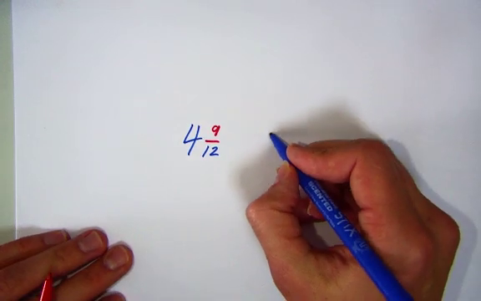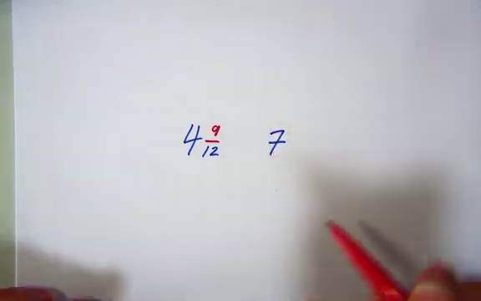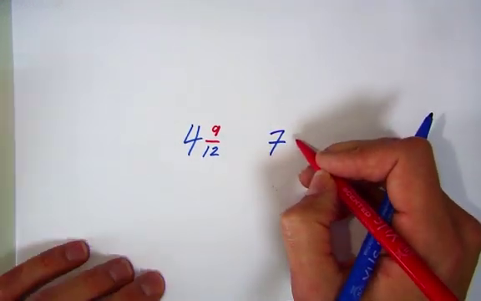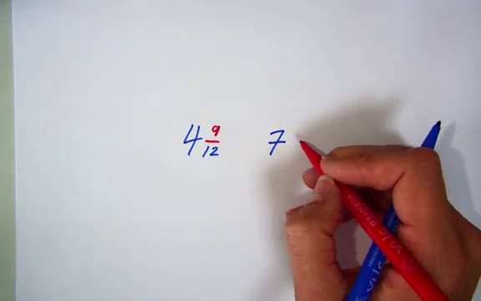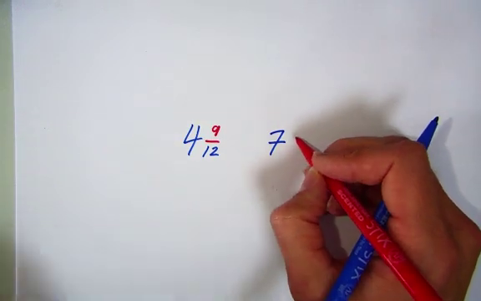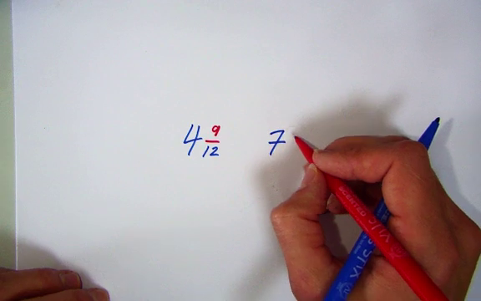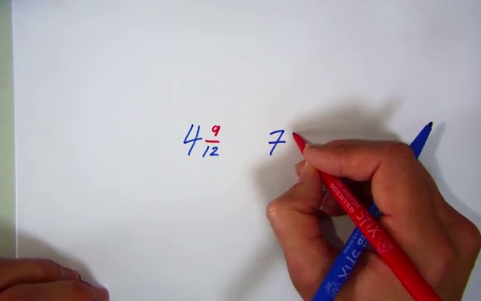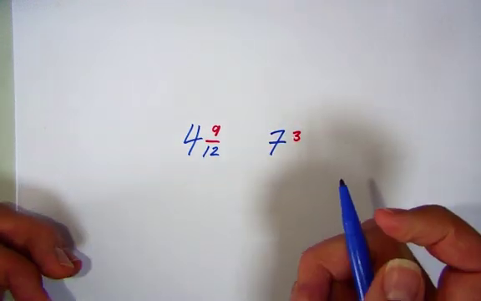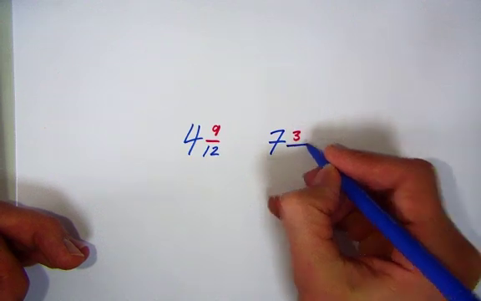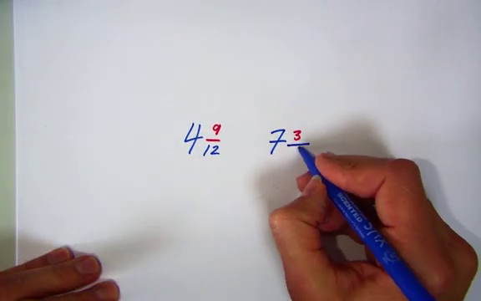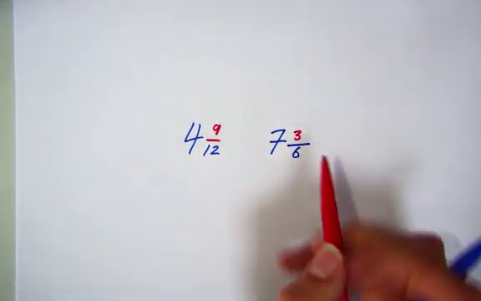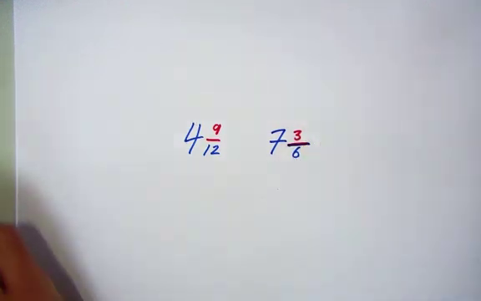You can have 7 whole candy bars or 7 liters of soda, because a liter is an amount of liquid. 7 liters of soda and 3/6 of a liter of soda too.